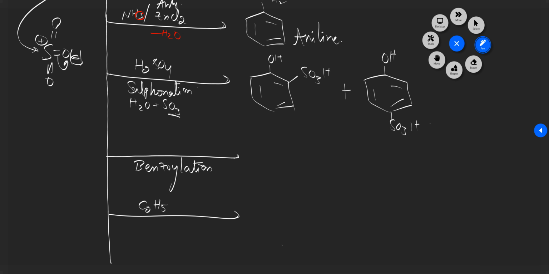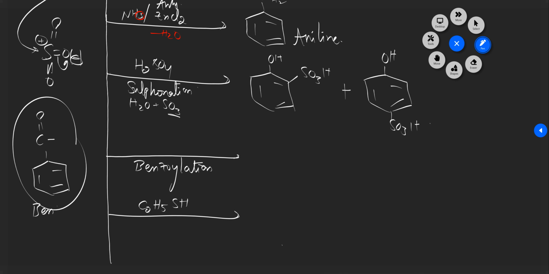Reaction with thiols. Benzoylation means introducing a benzoyl group. What is a benzoyl group? C double bond O with C6H5. This group is benzoyl. This group we need to introduce on phenol. That is called benzoylation. Next one is thiols. Next one is hydrogenation.